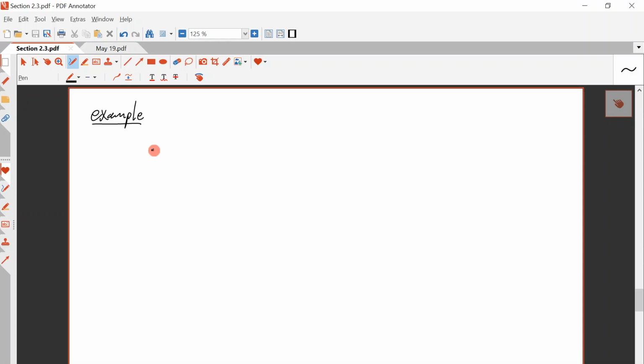Okay. So here's the example. Let's take the region between the parabola y equals x squared and the line y equals x.